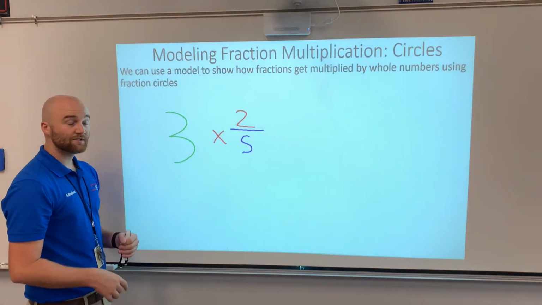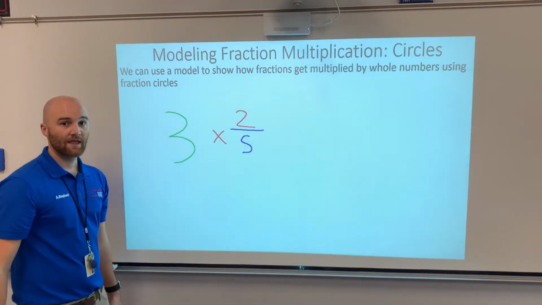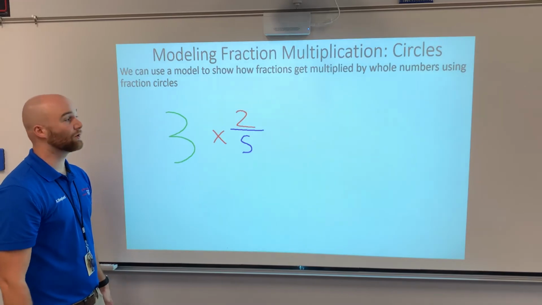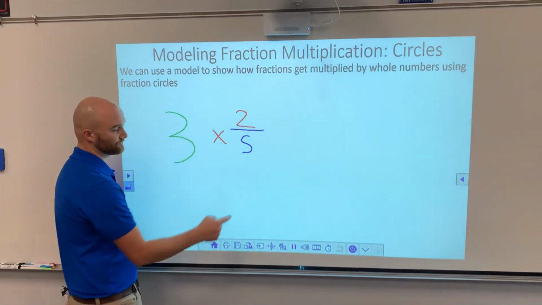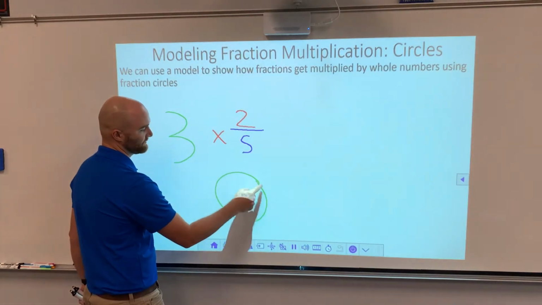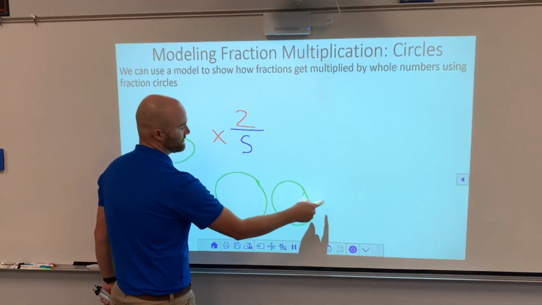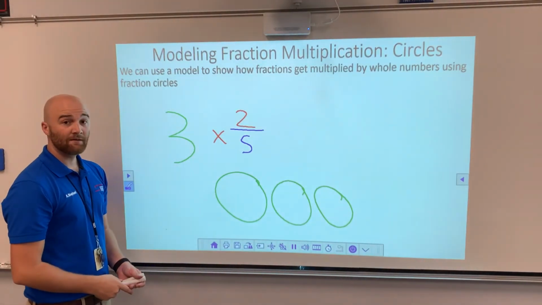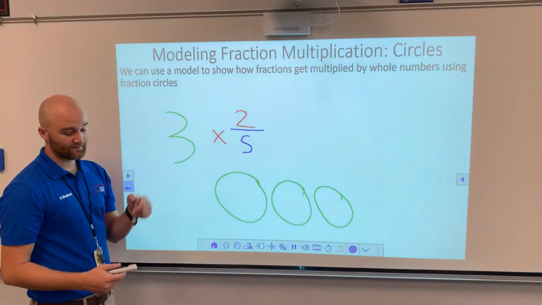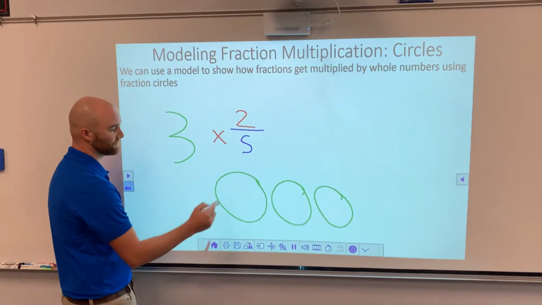Okay, so what I'm going to do is look at my whole number, 3. That's how many circles you have to use, or you could actually, if you wanted to, use rectangles. 1, 2, 3. Then my denominator says, let's split those up into 5 equal-sized parts.